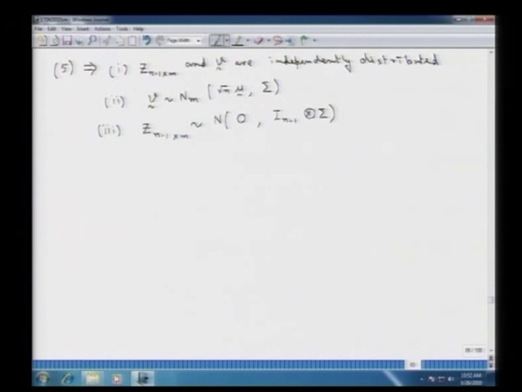Now we will use these three conclusions that we have obtained from the joint PDF of Z and V in order to prove our desired results. Now, recall that n times x bar is x transpose 1 vector, and what is that equal to?